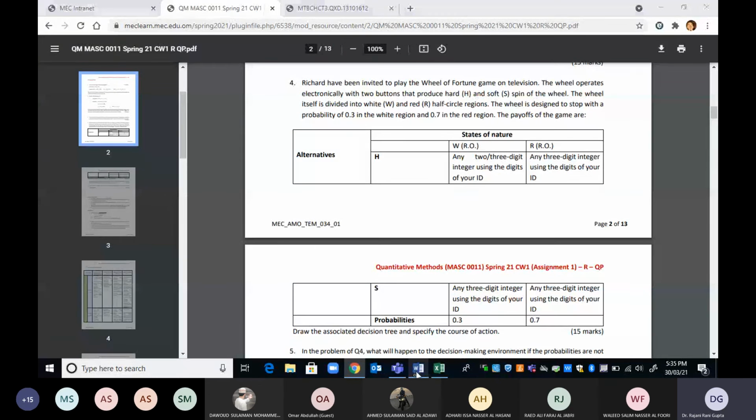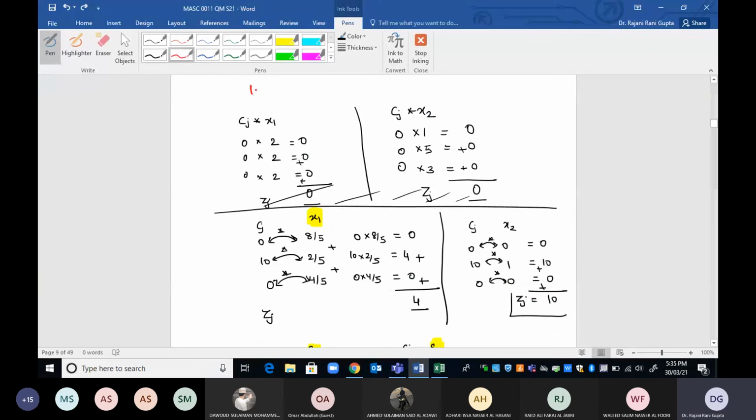You have to select any 2 or 3 digit number. You can use 23 or 34 or 12, any number, or you can use a 3 digit number like 234 or 143. But you cannot use 89, 97, 65. Why? Because the digits are not in your ID. Okay? Clear?